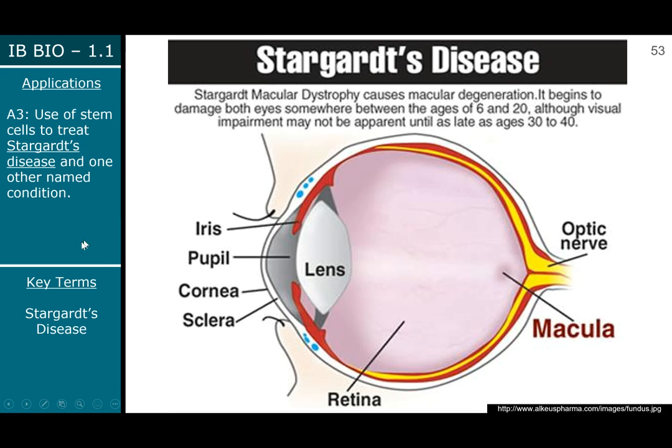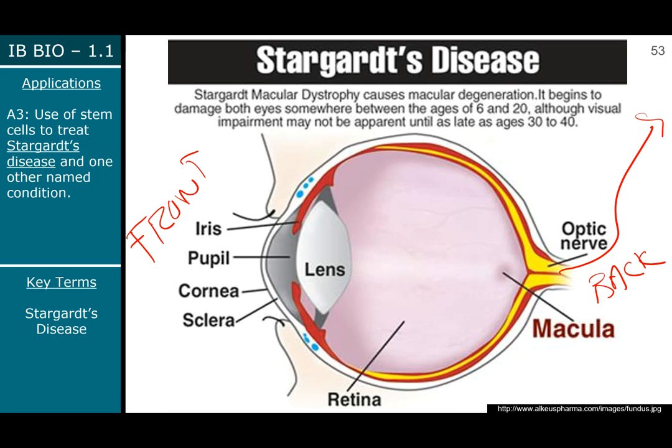So this is your eyeball from the side, right? So this would be the front of your eye. This is the back of your eye. This optic nerve goes to the brain, right? The macula is the thing in the back, and this is where light focuses, right? So your eyeball is a giant lens that focuses light into a very specific place.